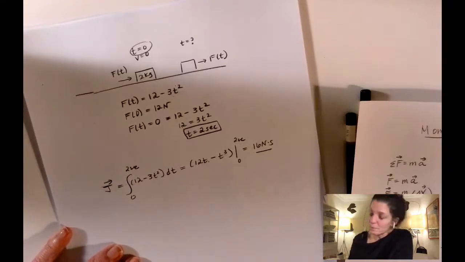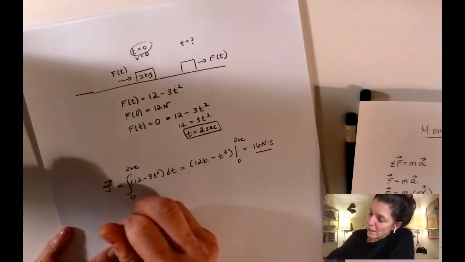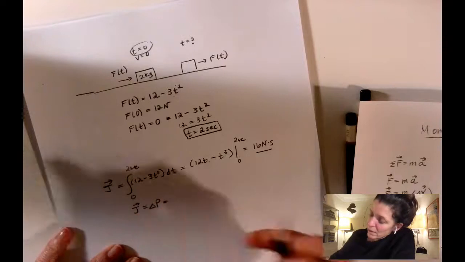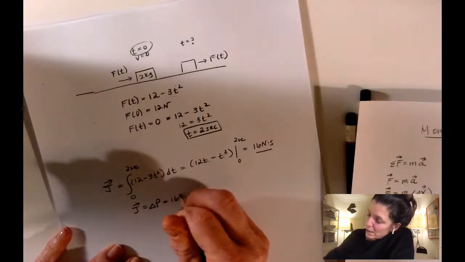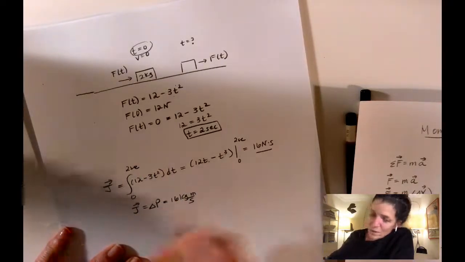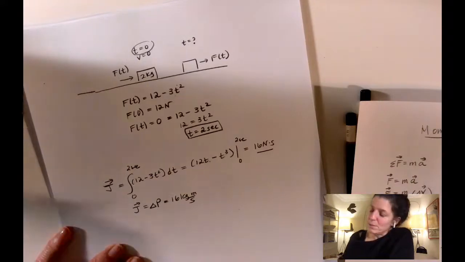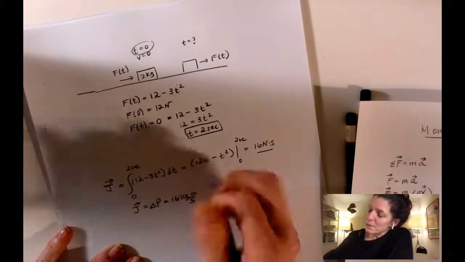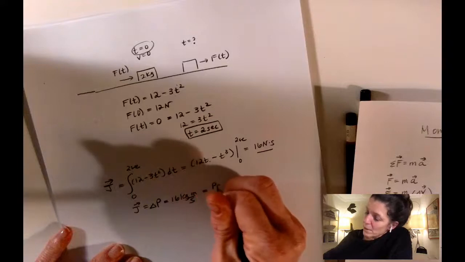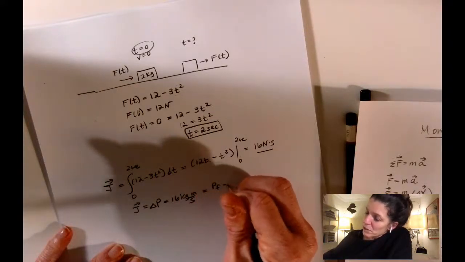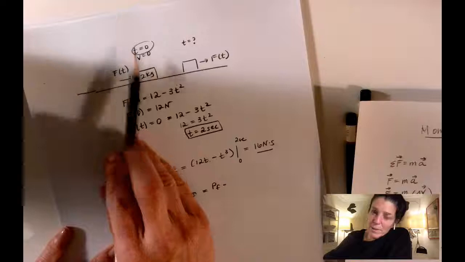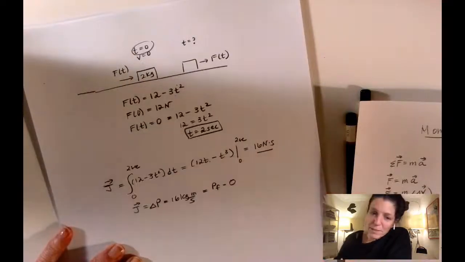That's my impulse. Now I know J equals delta P, so 16 kilogram meter per second, if I want to switch to more typical momentum units instead of Newton seconds, is my delta P. And that's going to be P final minus P initial. Well, if it has V equals 0 at T equals 0, my initial momentum is 0.